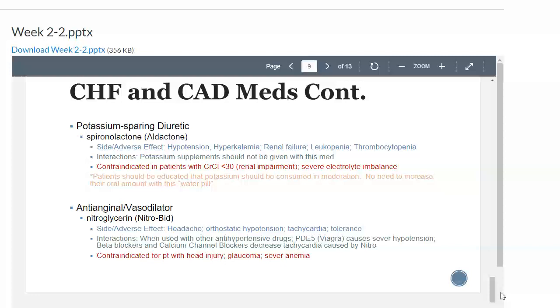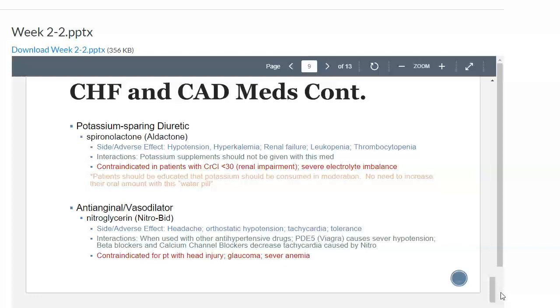And so it's really important that you look in your book and understand exactly what heparin does in regards to clotting. I explained that in week 1, and I want to be sure that you know that it doesn't dissolve the clot, but it prevents the enlargement of the clot that is actually present.